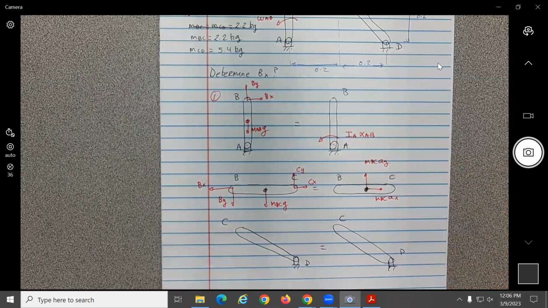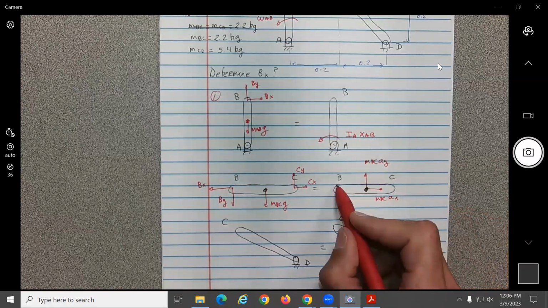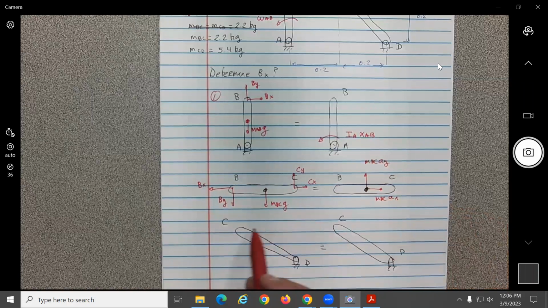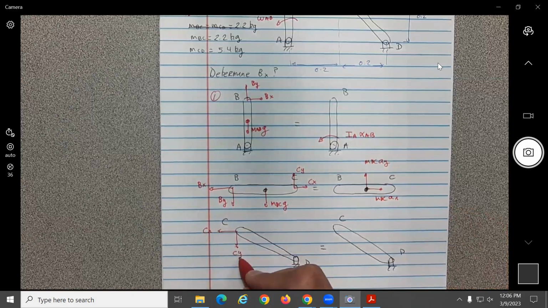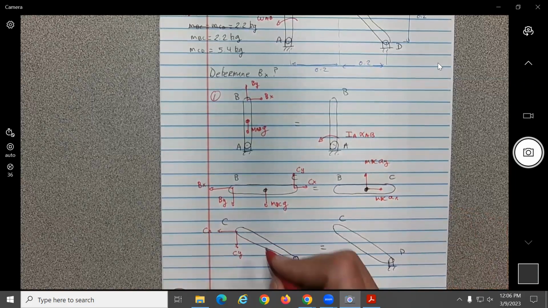Correct? Okay. Then what are we going to have here at point C? CX, CY, but it should be in the opposite direction, no? CX, CY. Then what are you going to have over here? CDG.